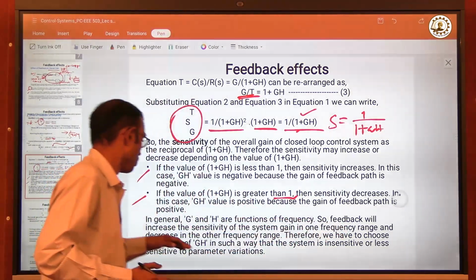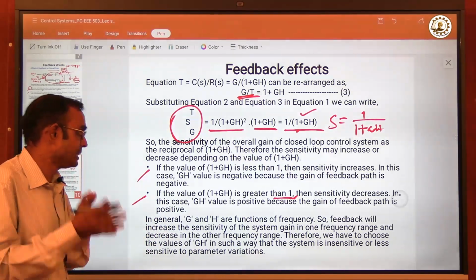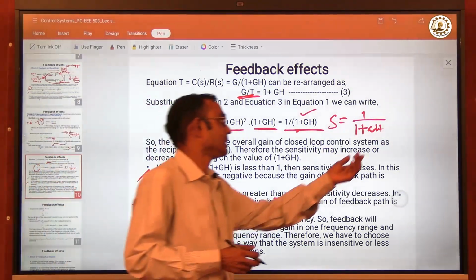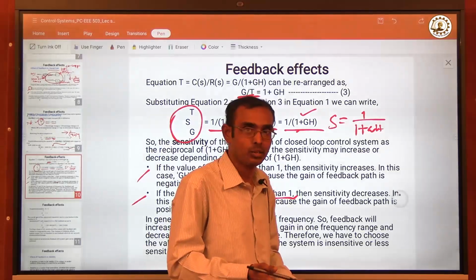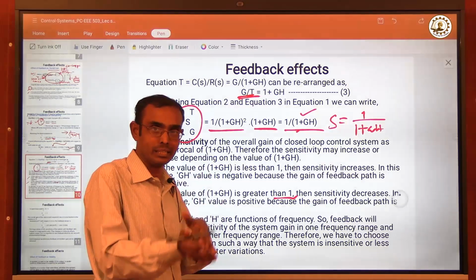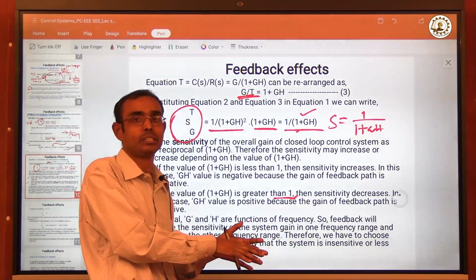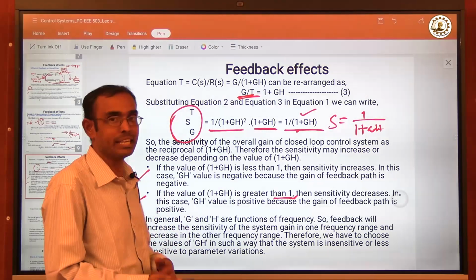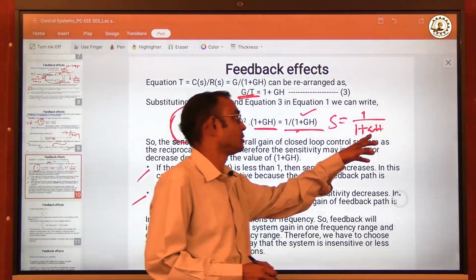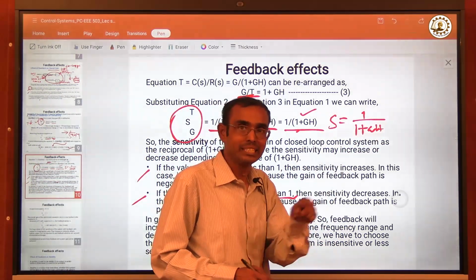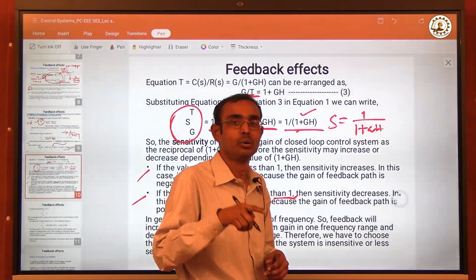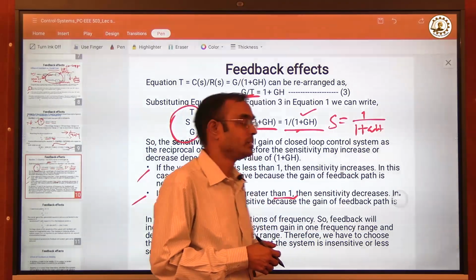So within some frequency ranges, feedback will increase the sensitivity of the system gain when 1 plus gh is less than 0, and in other frequency ranges, similar to the effect of feedback on gain, when 1 plus gh is greater than 0, the sensitivity is decreased.